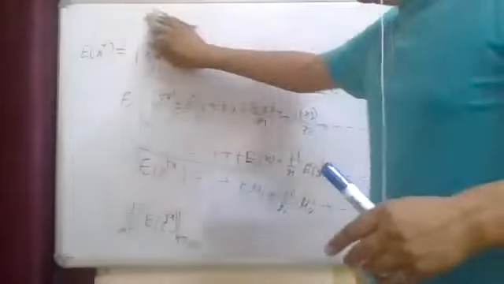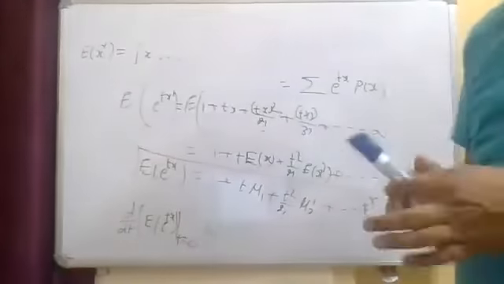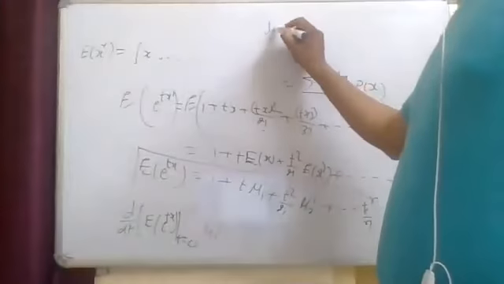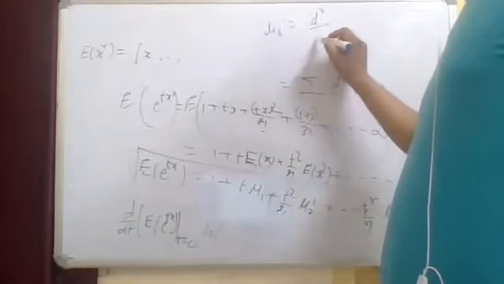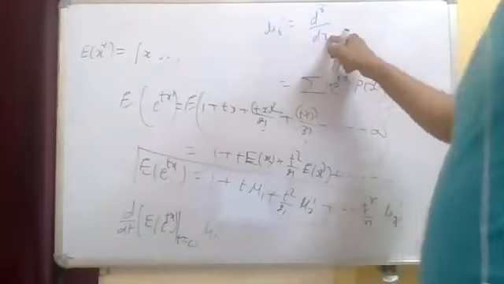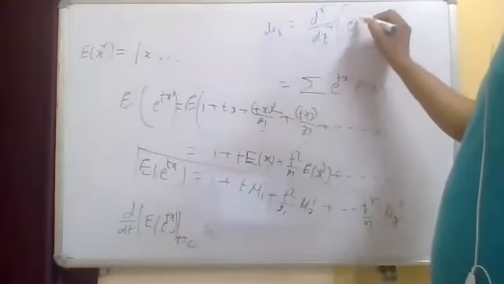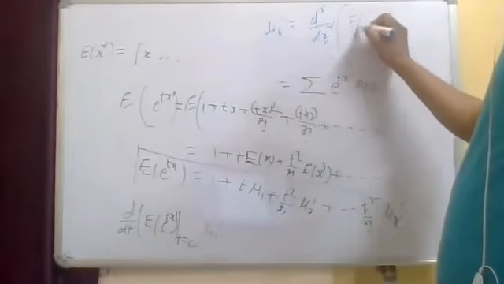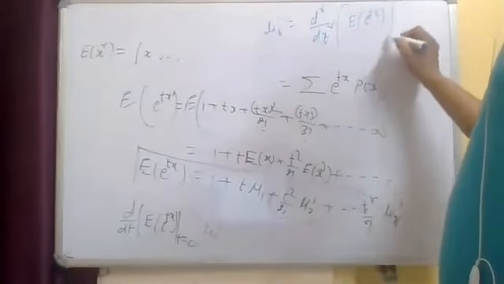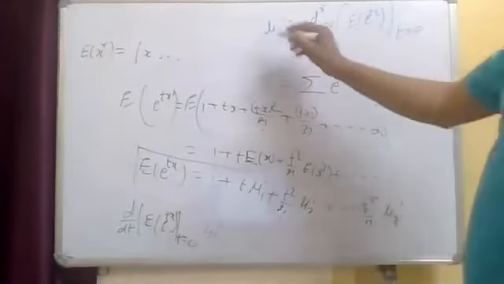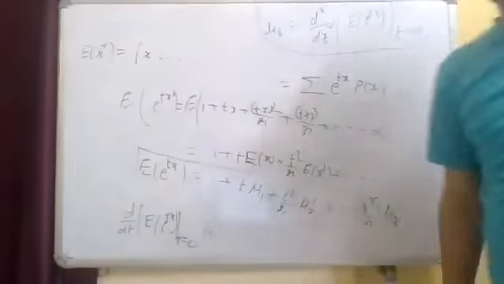Similarly, up to r, we can find mu r dash: d^r/dt^r of the expectation of e to the power tx at t equal to 0. It's a general formula to find mu1 dash, mu2 dash, mu3 dash, whatever. You can put the r value and you will get mu1, mu2, mu3, whatever is there.